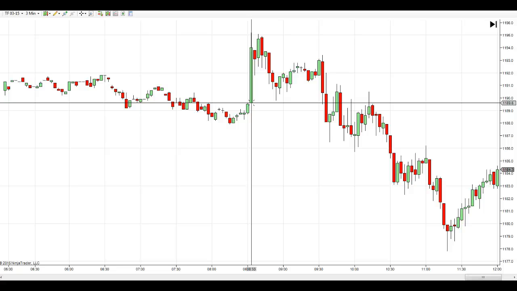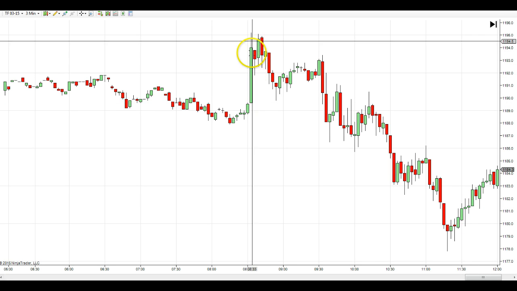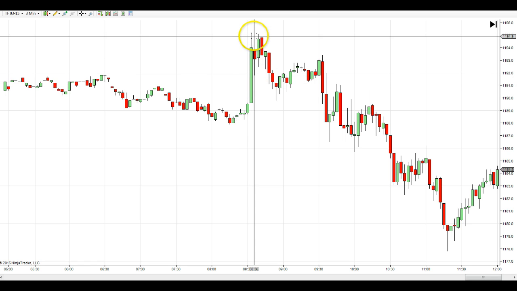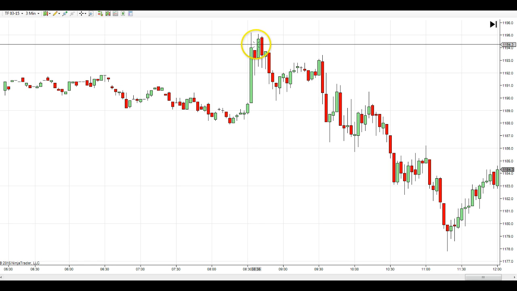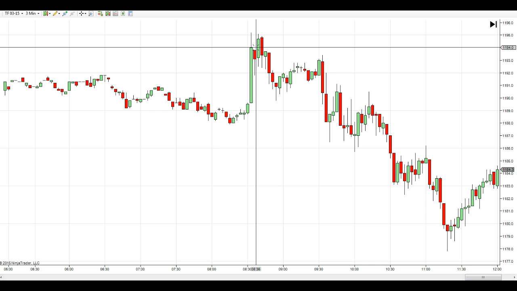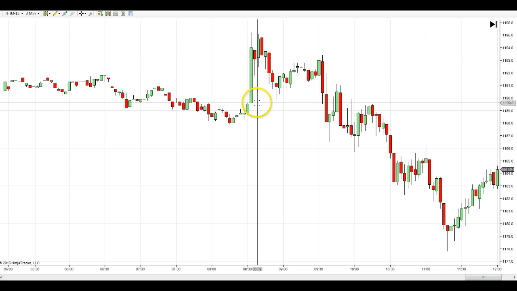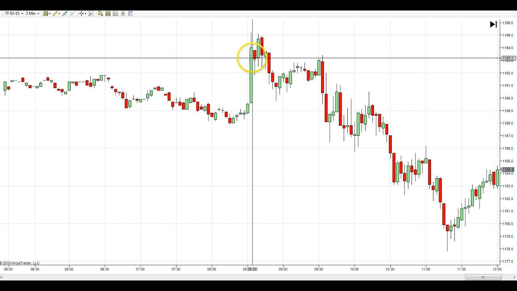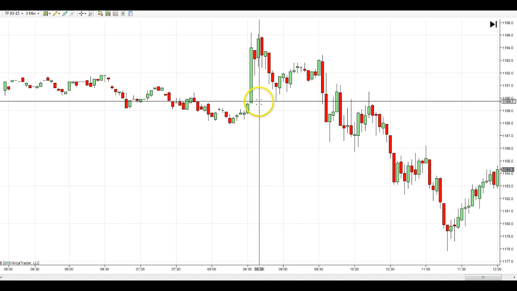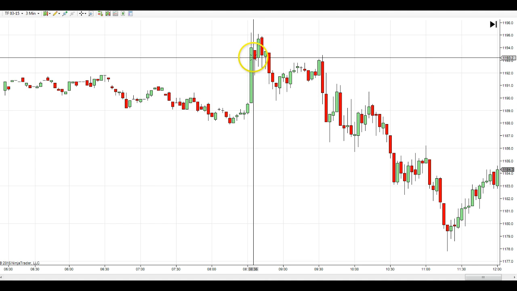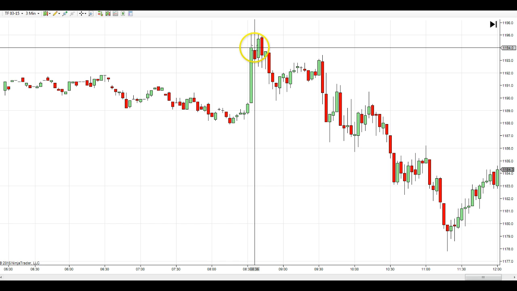Within the 3 minutes of time, this was the entire range of this candle. It went all the way up top, and where you see the close is where the body ended. We know price ended higher because it's a green candle. Very simple. It started here, fluctuated during the 3 minutes, and then closed up here.